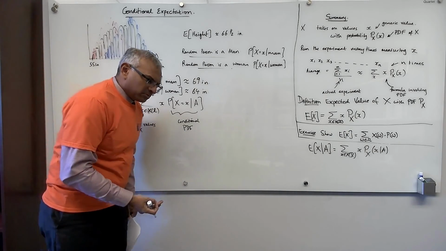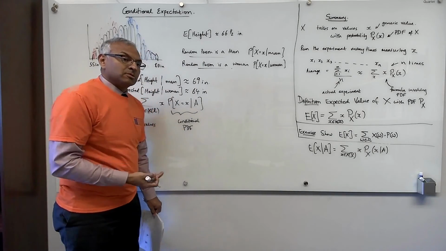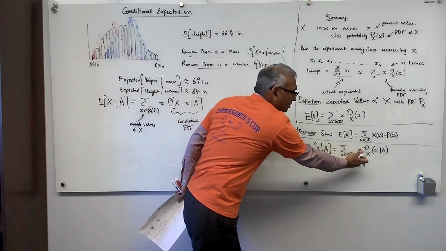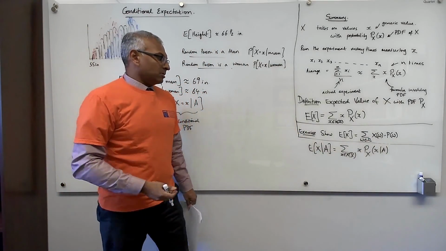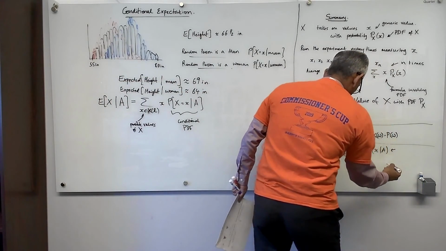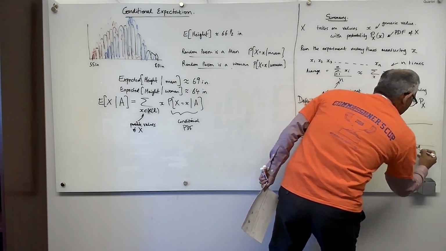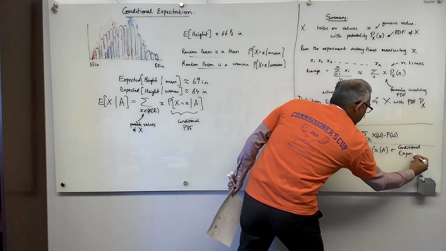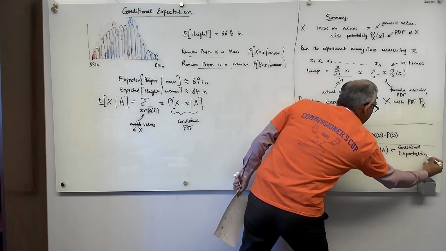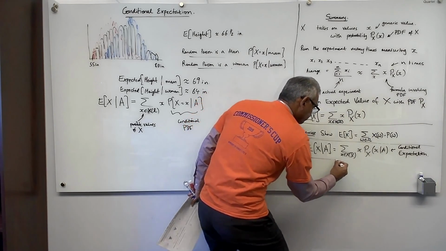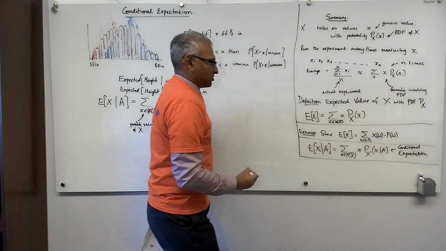Because when you update a probability, that's what you do. You're computing the expected value with respect to the updated probabilities. So this is what's called the conditional expectation. And I'll box that. Got lots of boxes here.